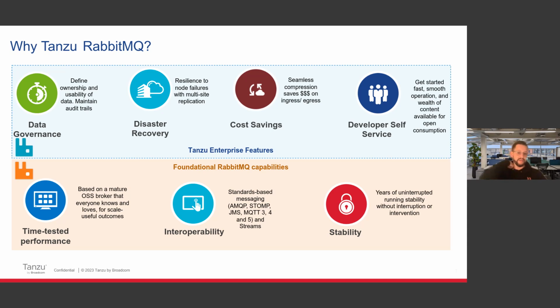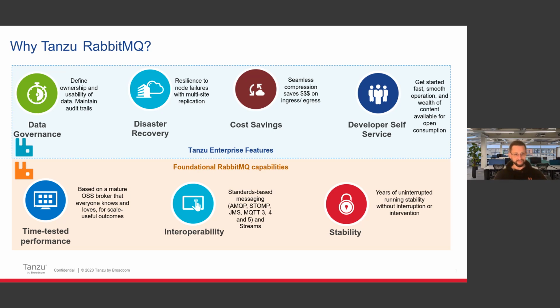So Tanzu RabbitMQ essentially looks at the concerns and priorities of enterprise users and adds additional capabilities and features on top of that. It doesn't change the developer API for RabbitMQ, but it does change some of the management technologies and some of the additional capabilities that you can leverage. In terms of data governance, you can filter events, and I'll go through this in more detail, in order to provide audit logging capabilities.